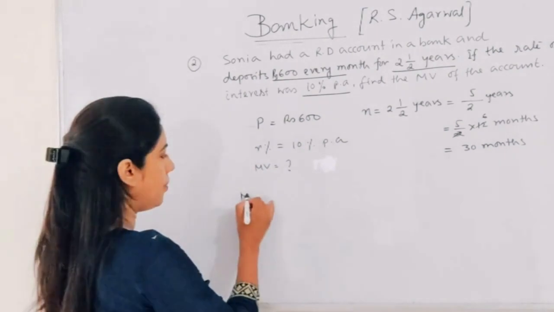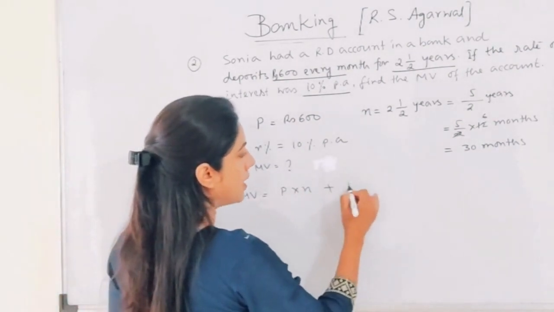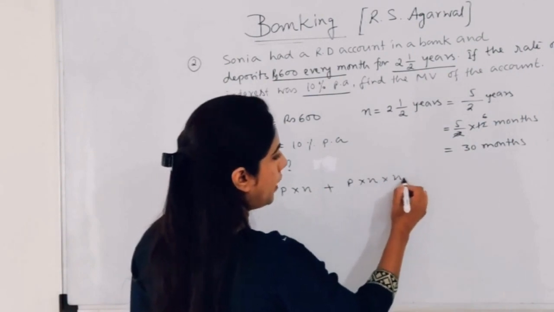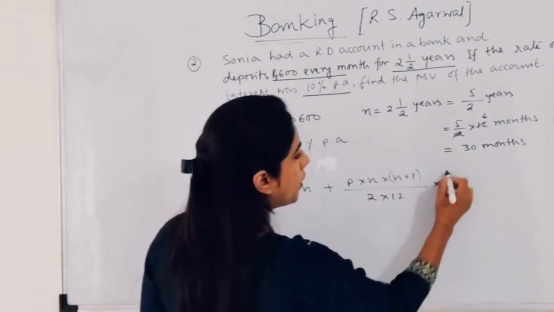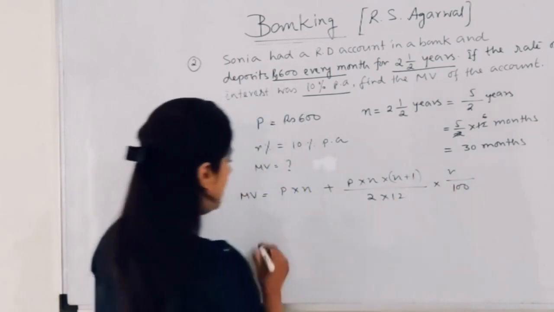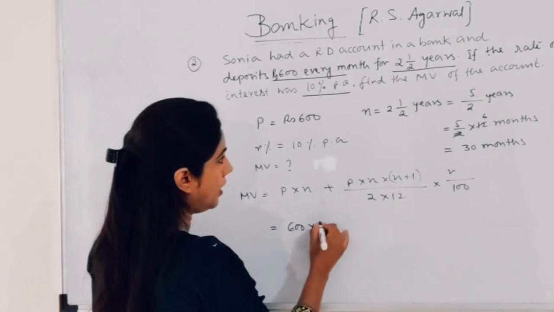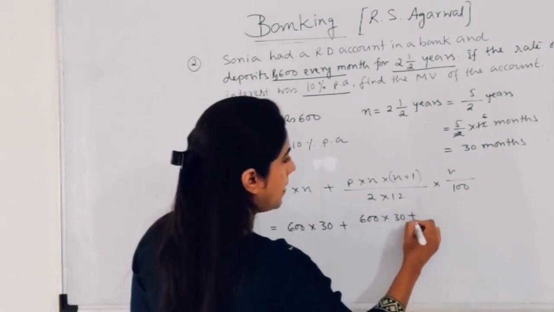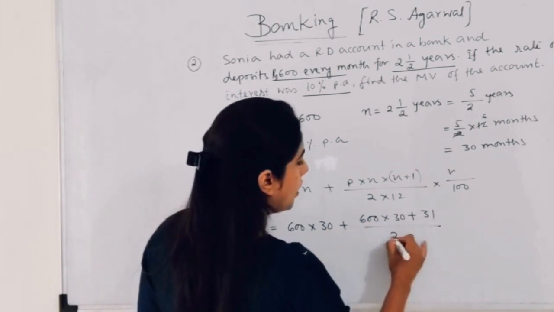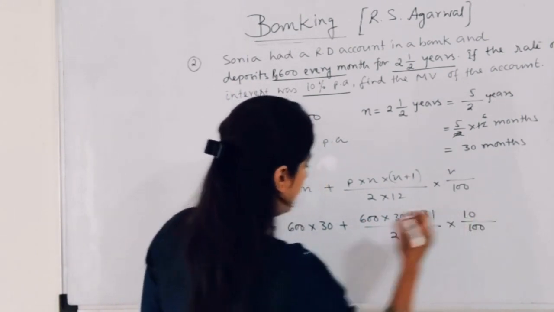Now let us write down the formula. Every time write down the formula: P into n plus P into n plus 1 divided by 2 into 12 into R by 100. Let us put the values now. P is 600 into 30 plus 600 into 30 into n plus 1, which is 31, divided by 2 into 12 into 10 upon 100.